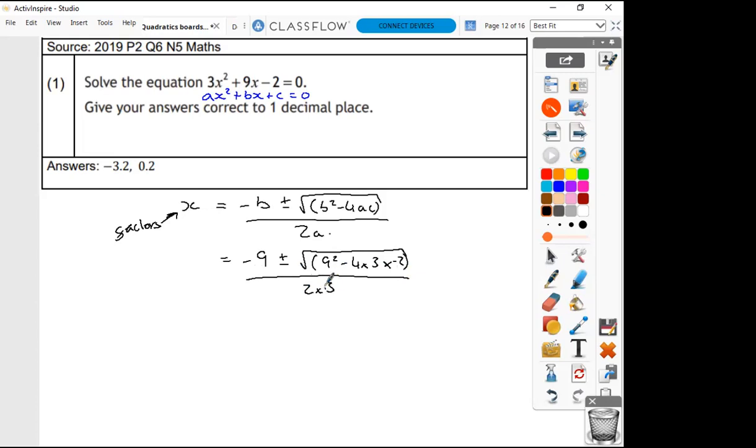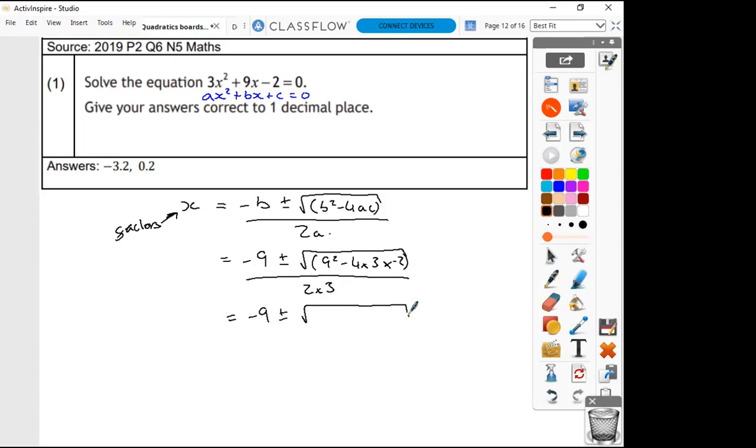I'm going to tidy up the discriminant. So I'm just going to leave that minus 9 there, plus or minus the root. 9 squared is 81, and we're plussing because we've got a negative 4 and a negative 2 multiplied together. So negative 4 times negative 2 is plus 8, times 3 is plus 24.